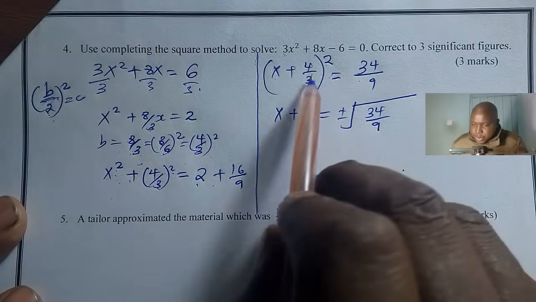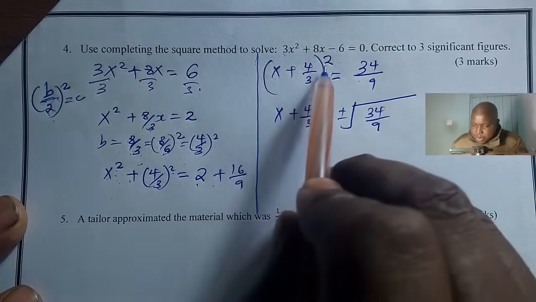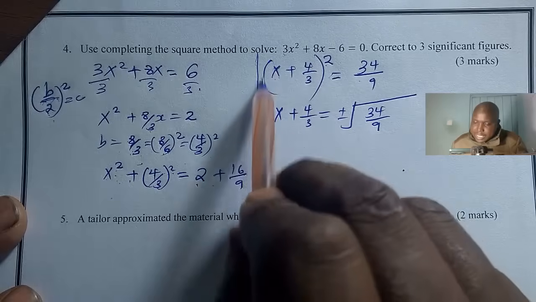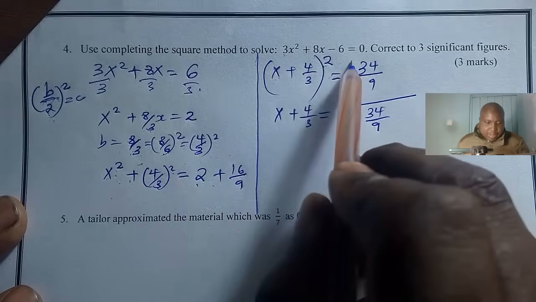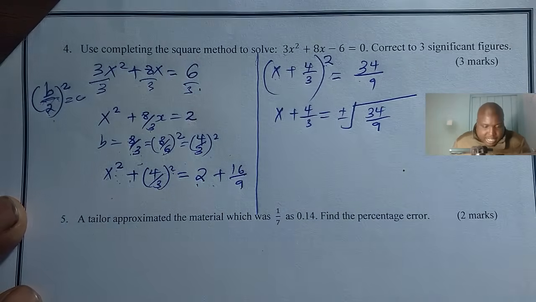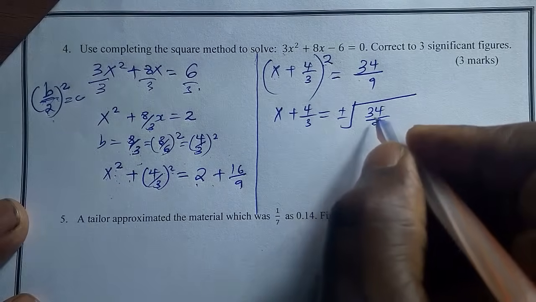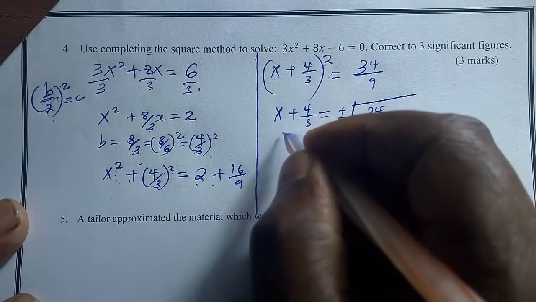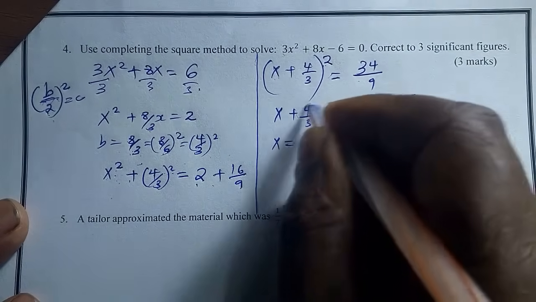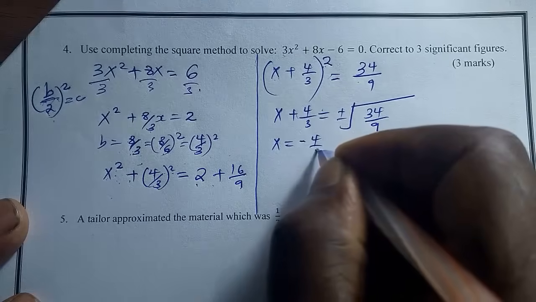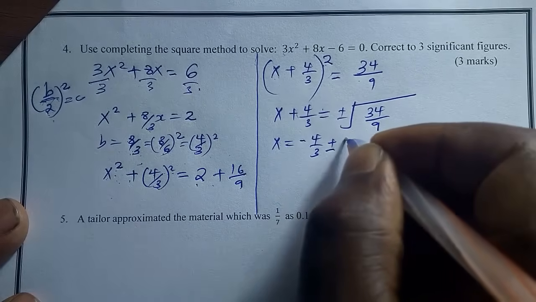To get the value of x, we square root both sides. If you square root here, the square disappears, and this is a square root. So having done that, now find the square root of this. We are going to have x is equal to, take this to the other side, minus 4/3 plus or minus the square root of 34/9.